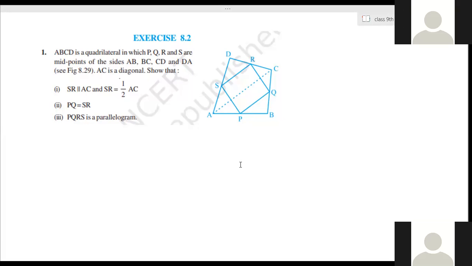Ma'am, in a triangle ABC, if D and E are the midpoints of the triangle, then the left... No, one second. What happened?